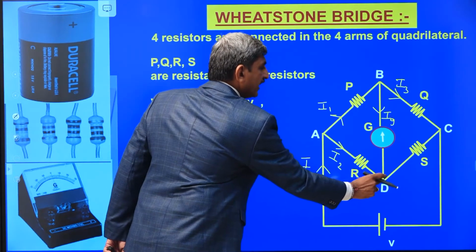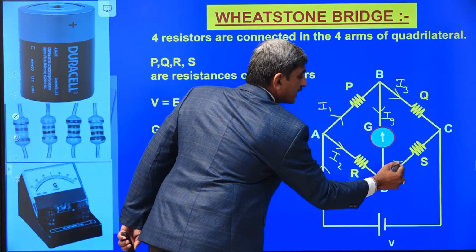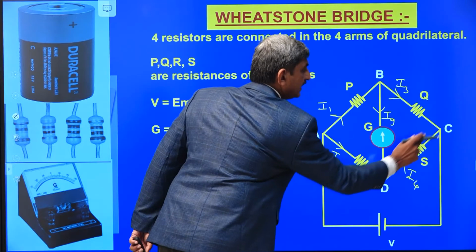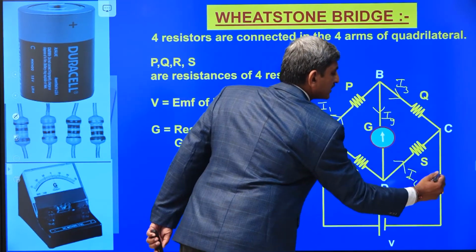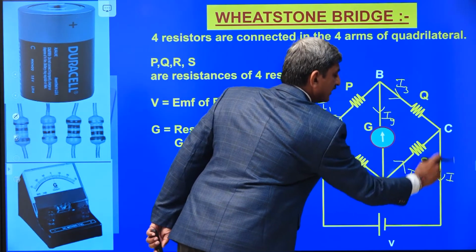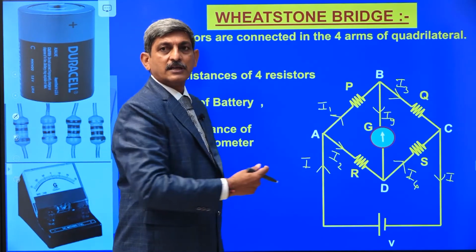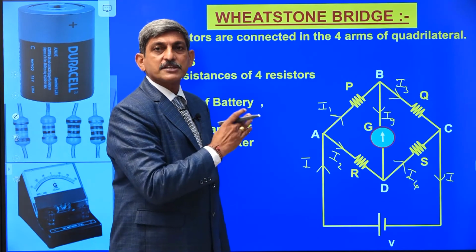At point D, this Ig and I2 combine and a current I4 passes through the DC branch. I3 and I4 combine at point C, and finally a current I passes through the battery network. Now here we assume different currents in the different branches of the network.